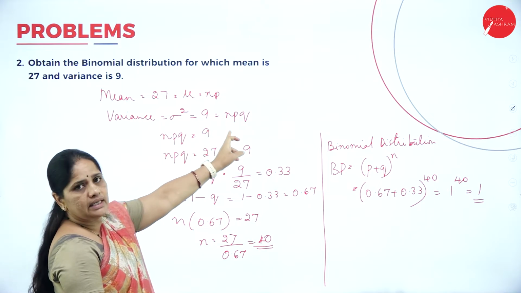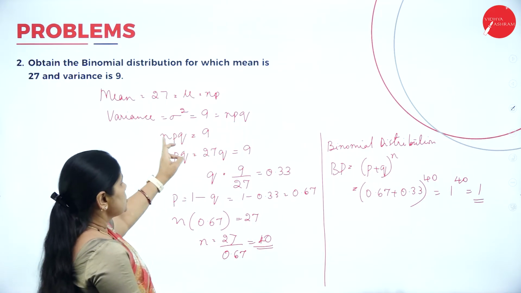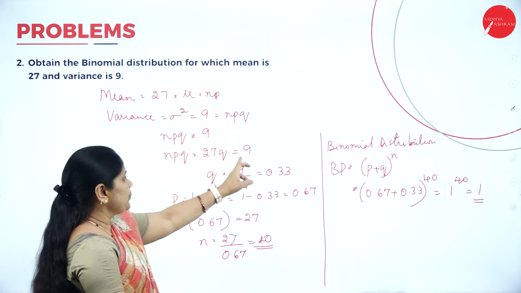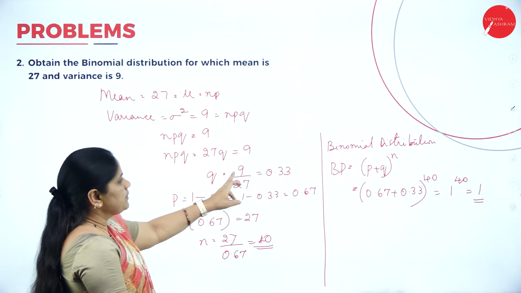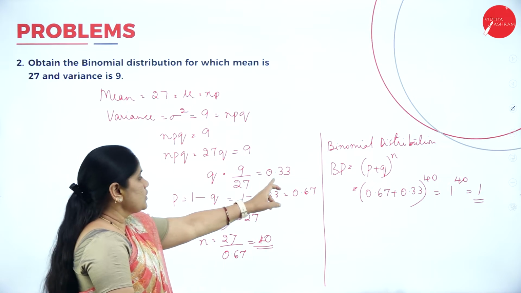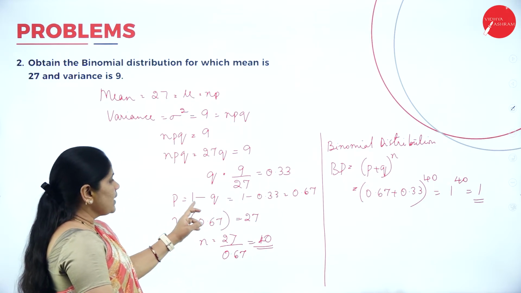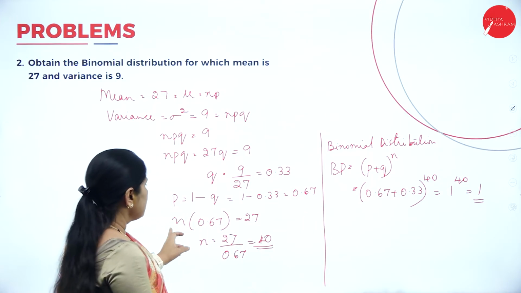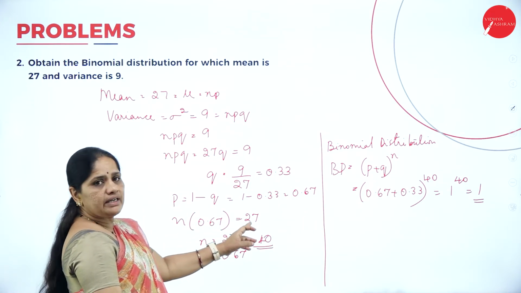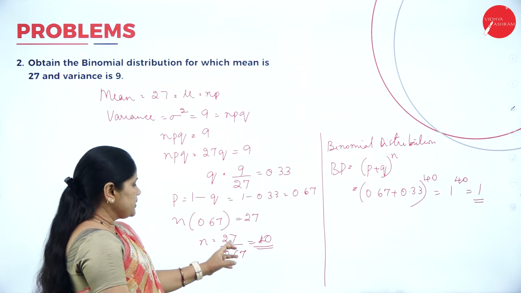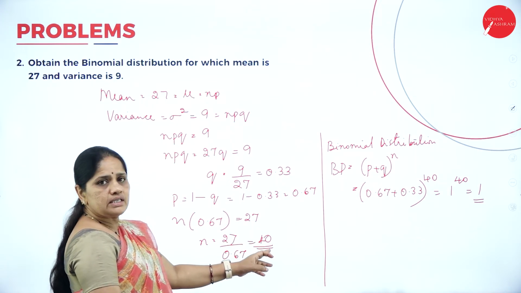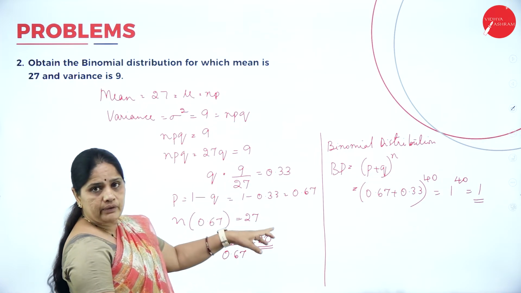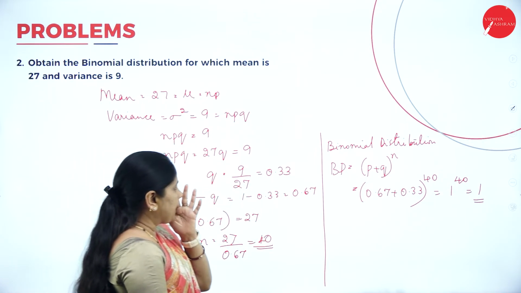Variance equals 9, that is npq equals 9, or 27 into q equals 9. So q will be equal to 9 by 27, that is 0.33. P equals 1 minus q, that is 0.67. So n into 0.67 equals 27. N equals 27 by 0.67, that is equal to 40. So we got n equals 40, p equals 0.67, q equals 0.33.